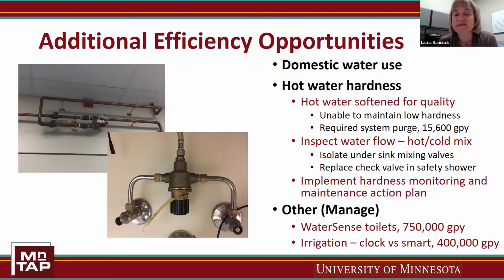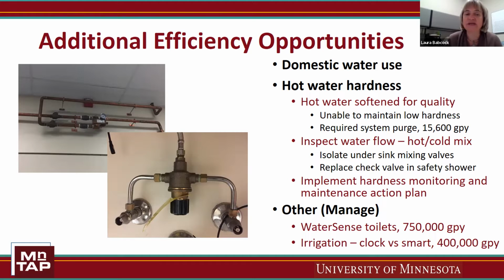So they inspected some of the places where they expected a crossover between the cold city water and the hot softened water. And they found that under sinks and in the safety showers, there was crosstalk between some of the valves. The valves had corroded, the valves were old, the valves were leaking, and the city water was leaking into the high purity hot water.